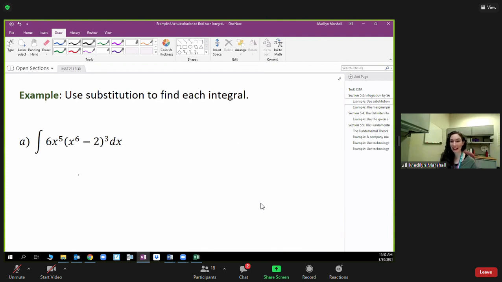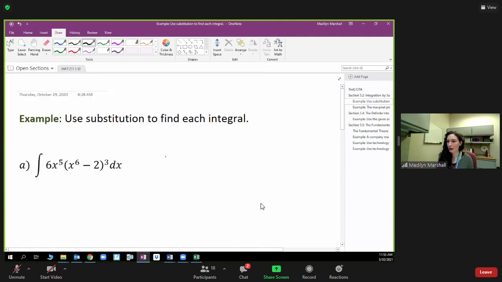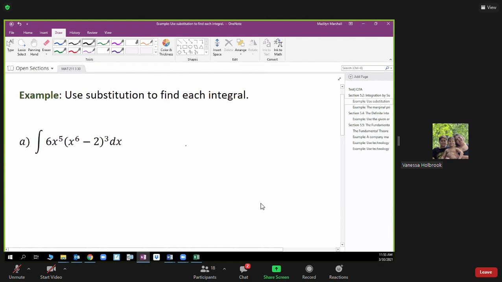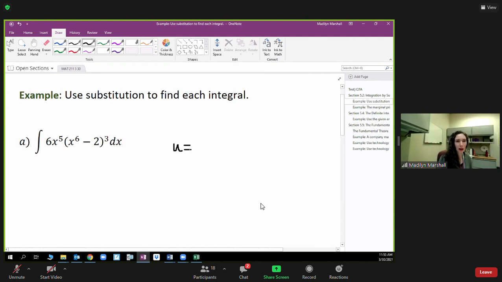So this is something that would have already had the chain rule applied to it, which is what substitution undoes. So now we are doing the integral. Which means we need to choose our u.